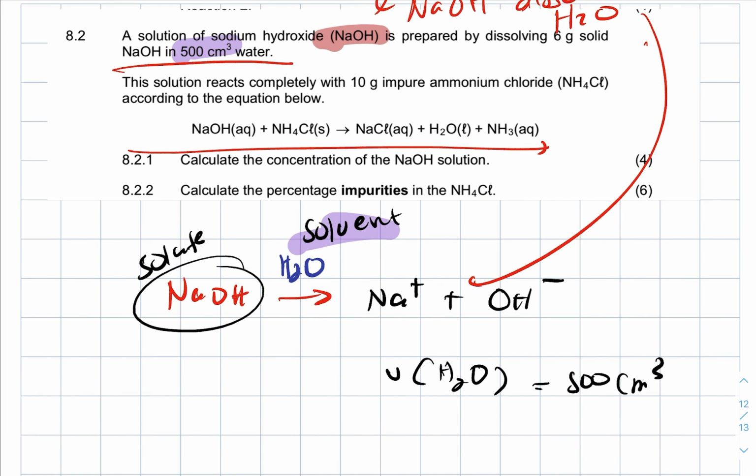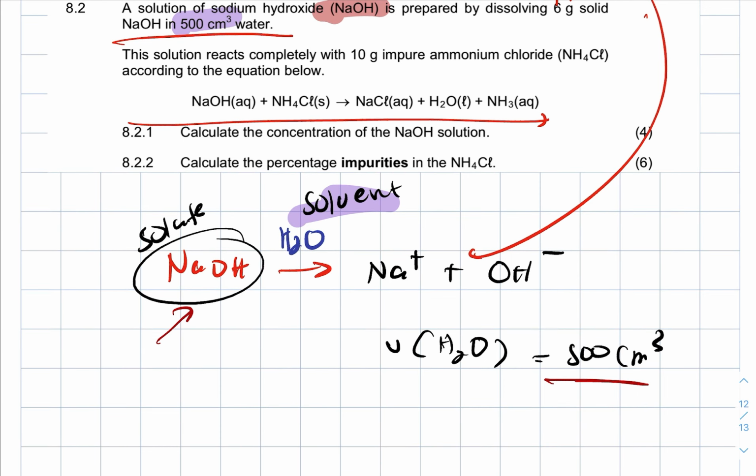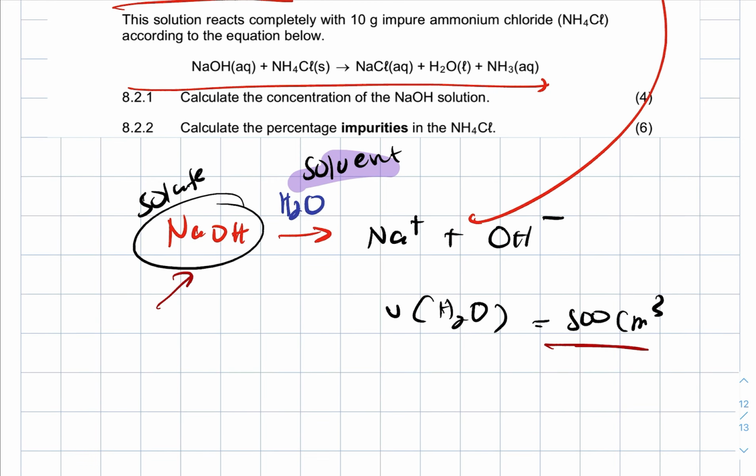Now we're going to talk a little bit about volume in a second, but just wait for me to illustrate something. If the solute is dissolved in the volume of water, you can think of it like this: if you take salt and dissolve it in water and make sure that it is fully dissolved, or maybe sugar dissolved in water, you taste it in every part of the water.